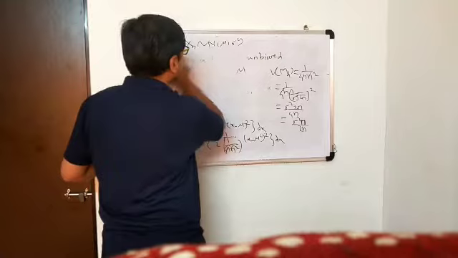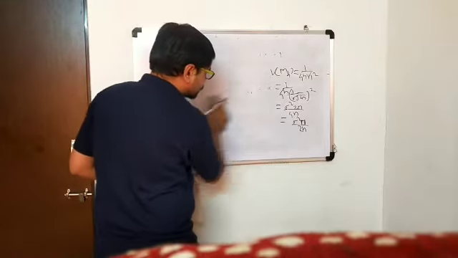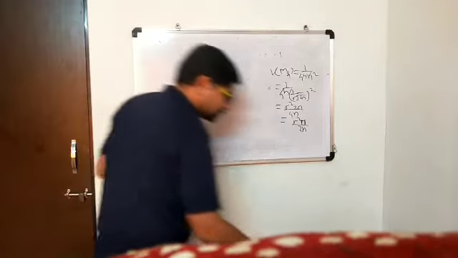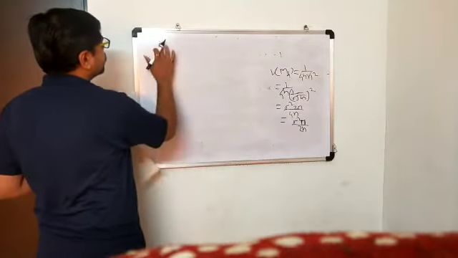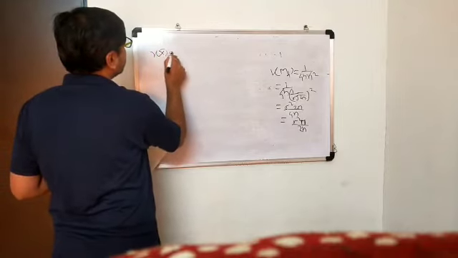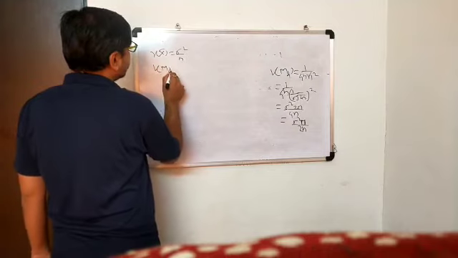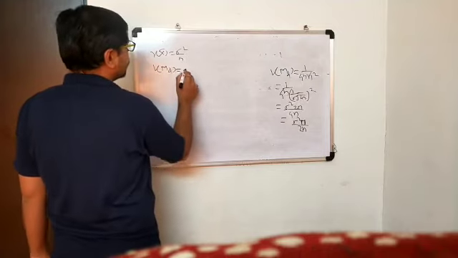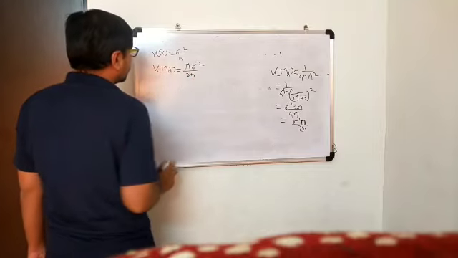Now the variance of x bar is sigma square upon n, and the variance of the median is pi into sigma square upon 2n.